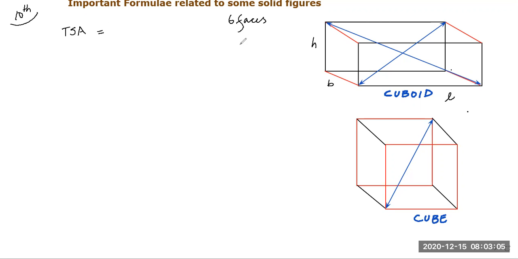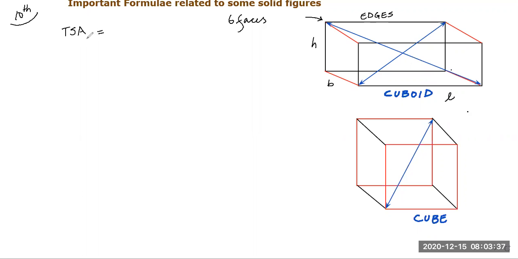These are the faces, and these are known as corners or vertices of the cuboid, and these are known as edges of the cuboid. So we have 12 edges, six faces, and eight corners or vertices, right?